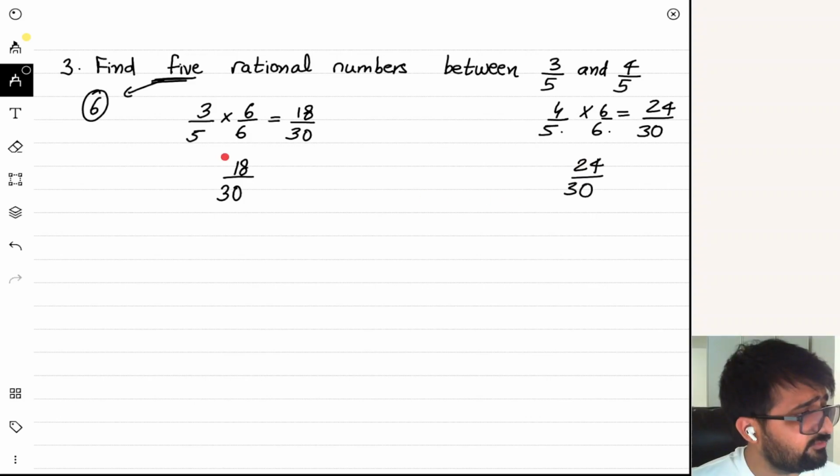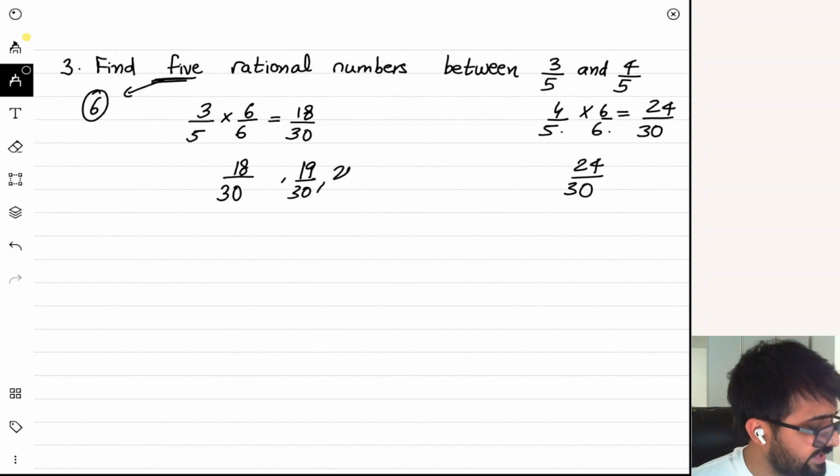Now there are many possibilities of writing rational numbers between 18 over 30 and 24 over 30. If you want 5 rational numbers, remember the denominators are the same, so you can just write 19 over 30, 20 over 30, 21 over 30, 22 over 30, 23 over 30.